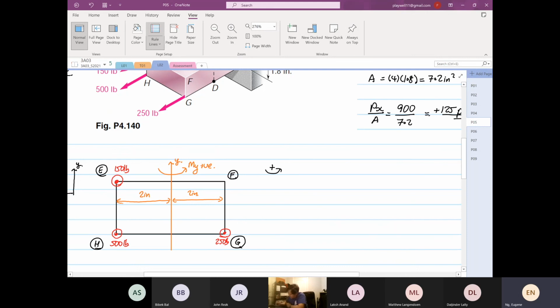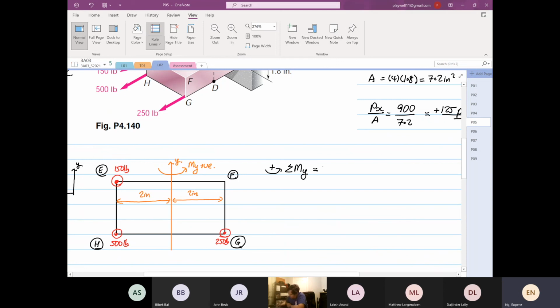You grip. So you're going to take a summation of moment about the y-axis is equal to, so the 150 is going to be positive because it's going to be the same direction as my positive.